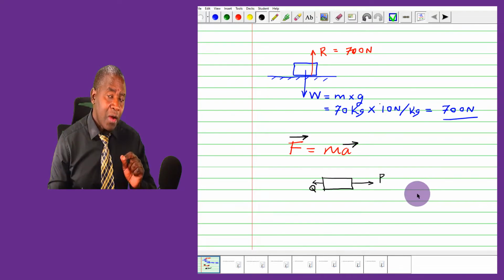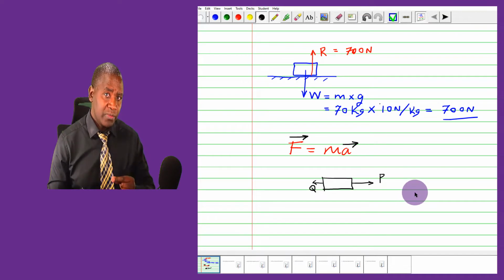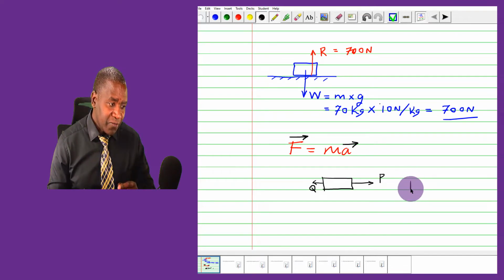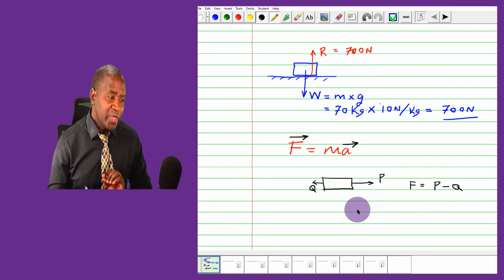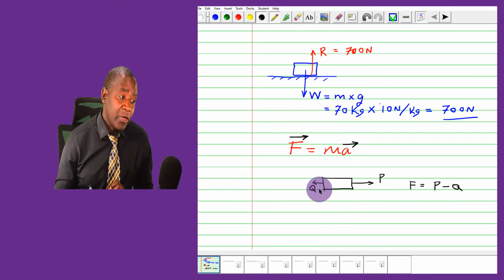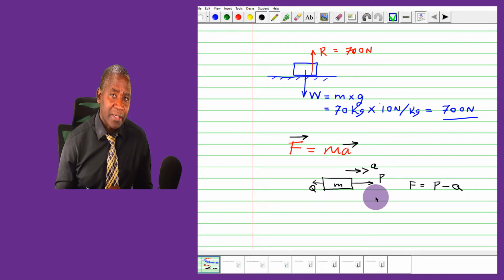And then how do I get its magnitude? That resultant force, which I'm going to call F, is given by the larger force minus the smaller force. That is always the case. So in this case, I can tell just by looking at the magnitude of the forces that the resultant force is to the right, and therefore this object M will accelerate to the right, like that.